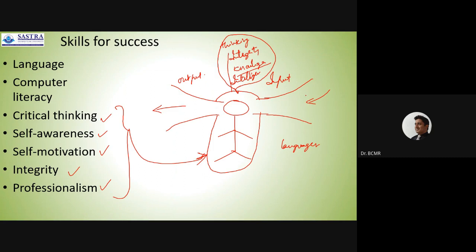So if we want to do better, we should first have languages, because that is the door that will allow the input of knowledge. We should be able to read consistently. We should have the energy to find the knowledge, right?